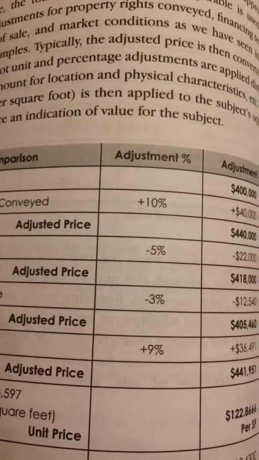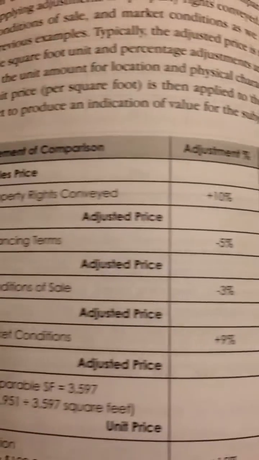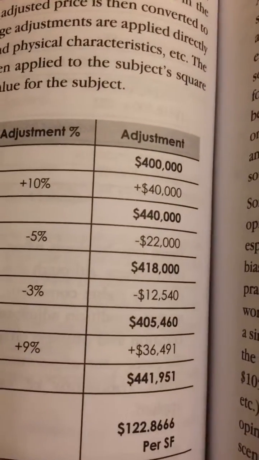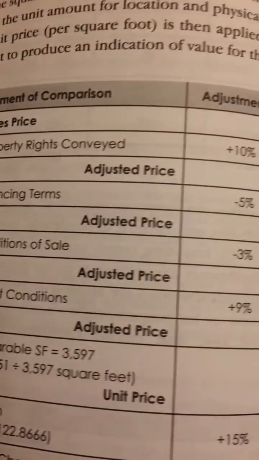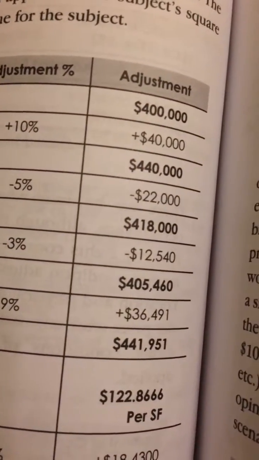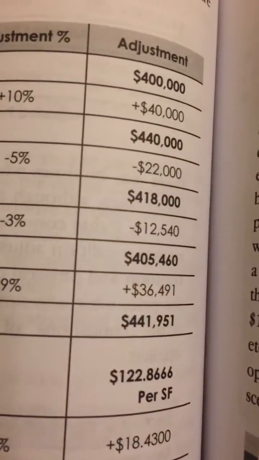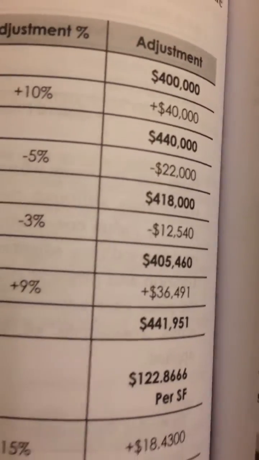Financing terms, minus 5%, minus $22,000. Adjusted price, $418,000. Conditions of sale, minus 3%, minus $12,540. Adjusted price, $405,460.